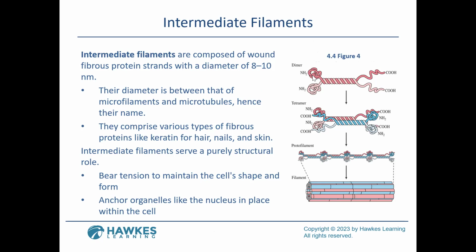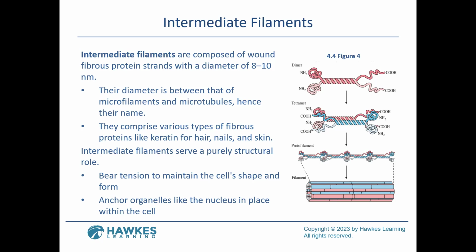So you need to note that the cytoskeleton of the cell is made up of different types of cytoskeletal proteins. Some of them are myosin, some of them are actin, some of them are microtubules, some of them are microfilaments, others are intermediate filaments. They are composed of wound fibrous protein strands with a diameter of 8 to 10 nanometers. Their diameter is between that of microfilaments and microtubules, hence their name.